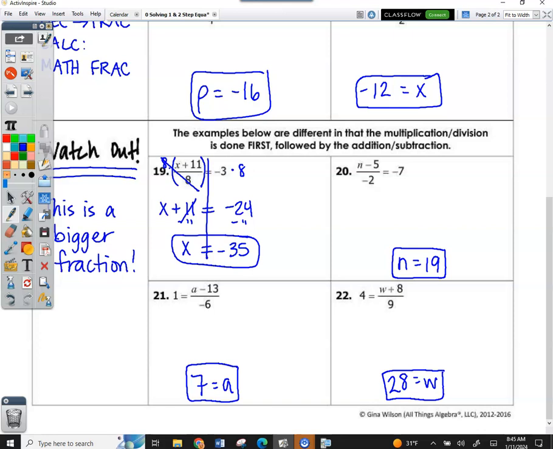When you finish the bottom 3 problems, bring me your paper and I'm going to give you page 7.